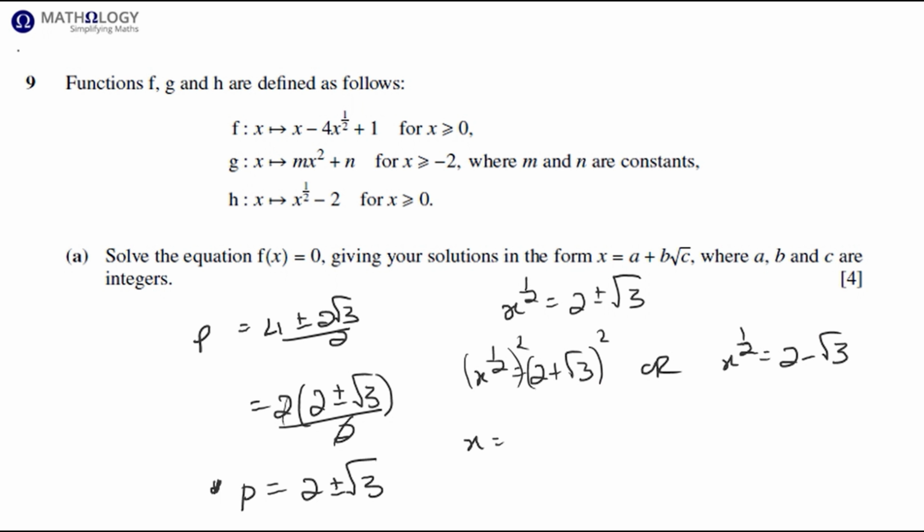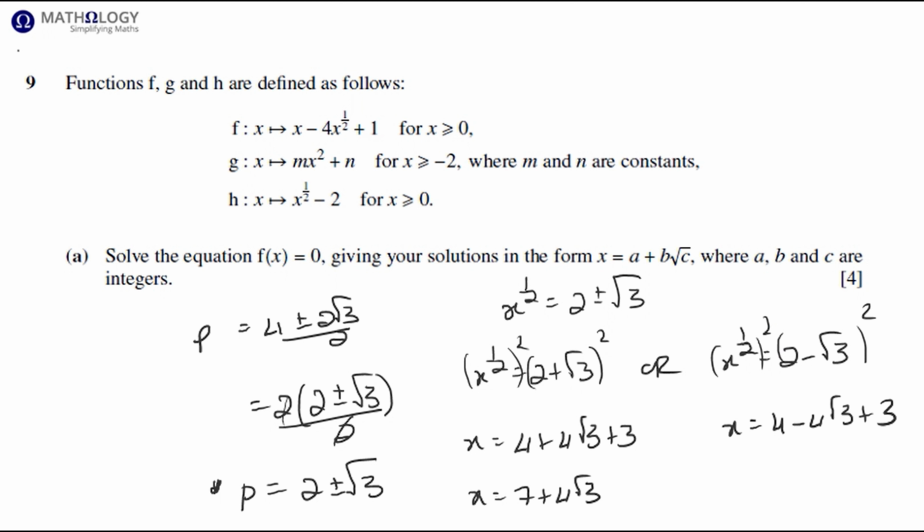So x will be, multiplying this out, 4 plus 4 root 3 plus 3, x equals 7 plus 4 root 3, and then similarly we're going to square both sides over here, and we'll get x equals 4 minus 4 root 3 plus 3, so x equals 7 minus 4 root 3.